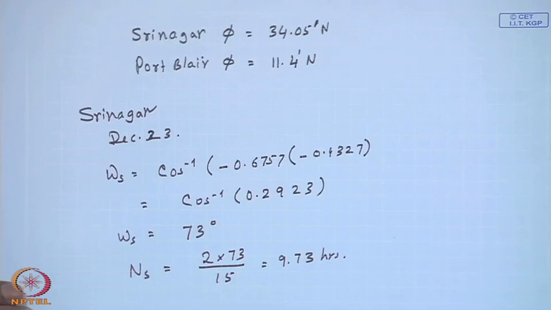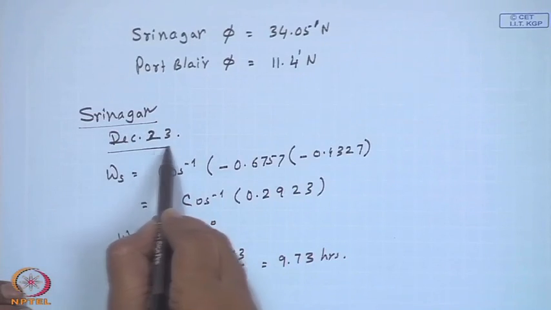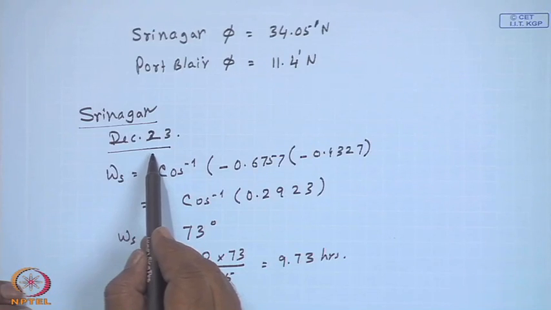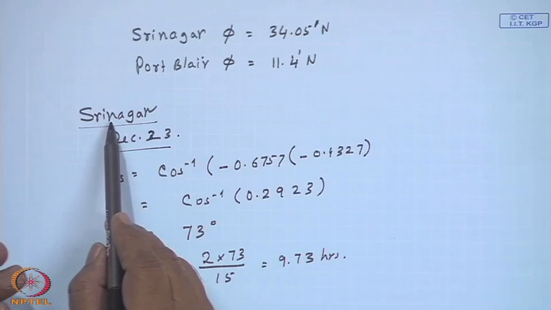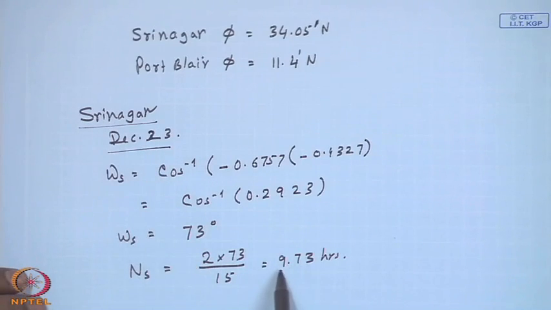So, as far as this lecture is concerned, we shall stop over here, but the important point is Srinagar, December, winter at a reasonably high latitude, you have got the number of sunshine hours 9.73. This is a 0.73 because I calculated, and I know for sure it is not 73 minutes, but 0.73 hours, which will be 0.73 into 60 minutes.